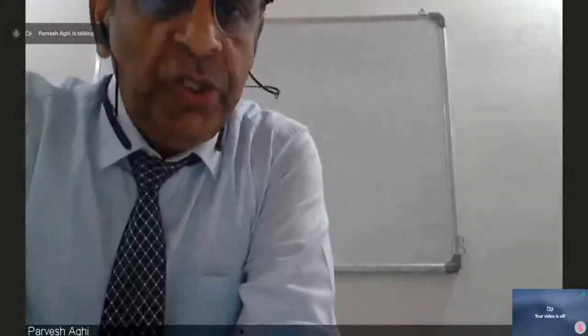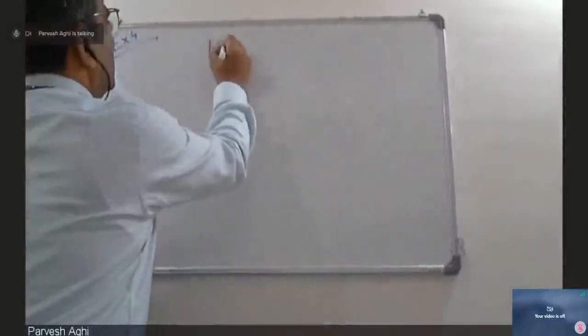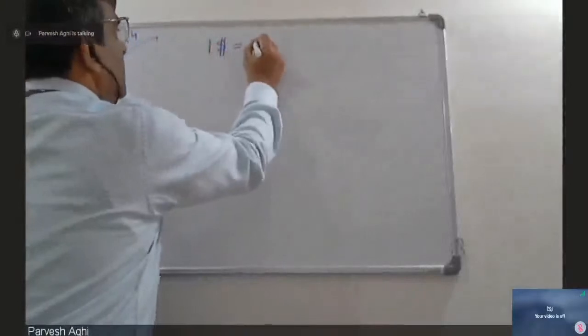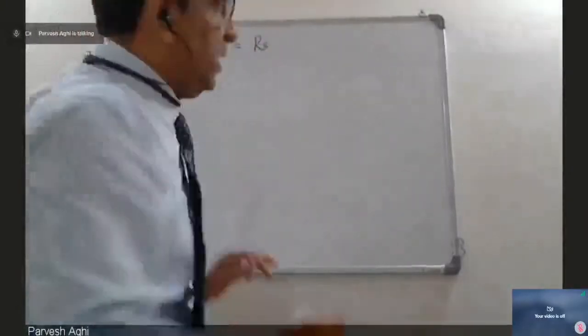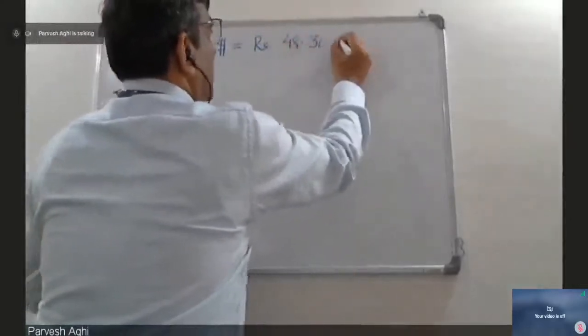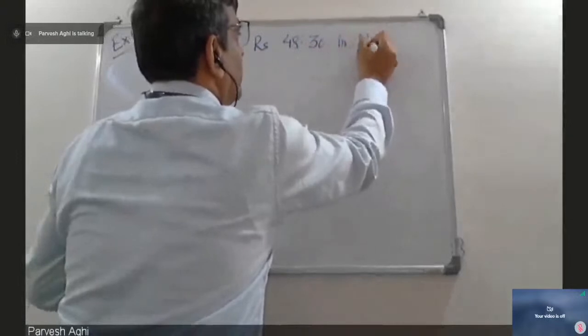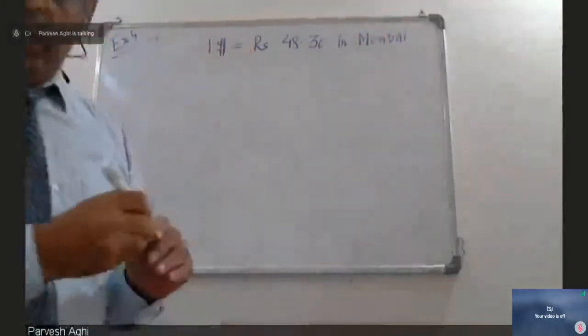A very interesting question. So how do we solve it? Let's understand. Now we know that $1 is equal to rupees 48.30 in Mumbai. I'll use a different pen.